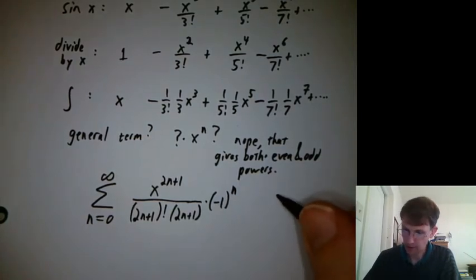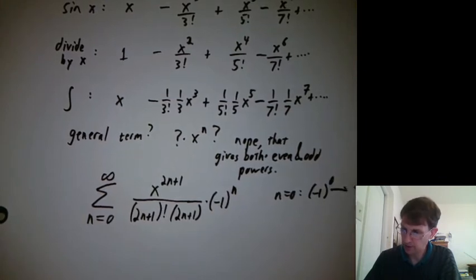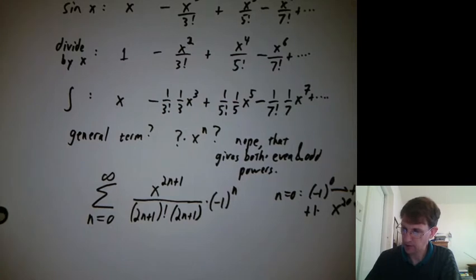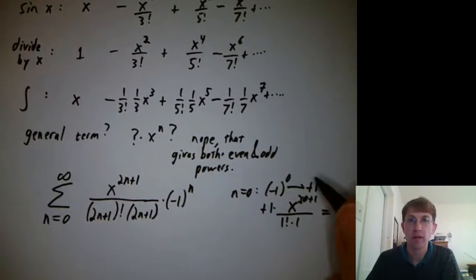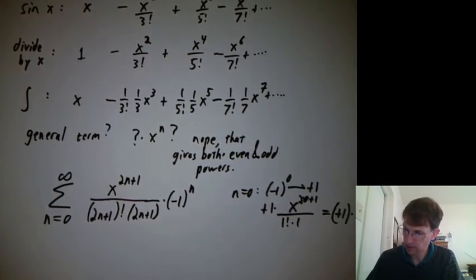So let's think about that. At n equals 0, we get -1 to the 0, which is +1. Let's check what term that is. We have a +1 times x to the 2 times 0 plus 1 over 1 factorial times 1. Altogether, that's x to the 1 times +1. So it's +1 times x.